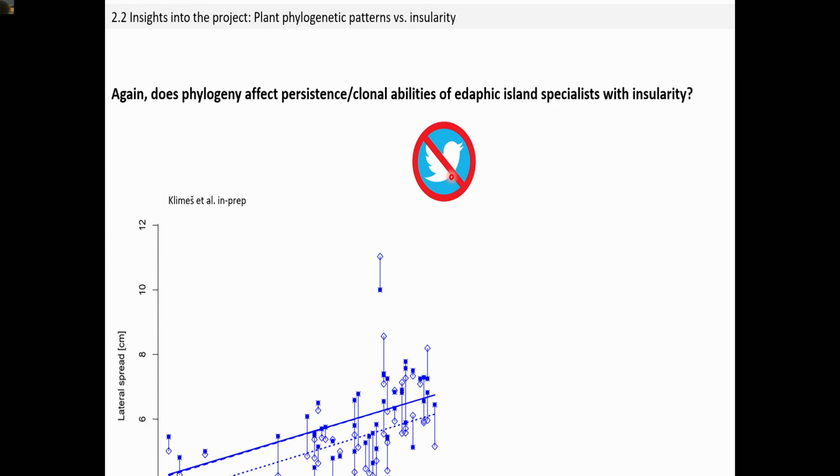Those are not only people I would like to keep collaborating with, but the idea would be to really measure traits, the whole list of traits affecting persistence, not only clonal ability or age, but also acquisition, pretty much the whole syndrome of this serpentine island syndrome.